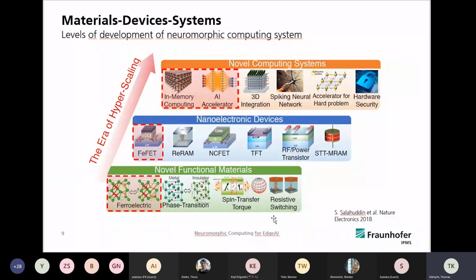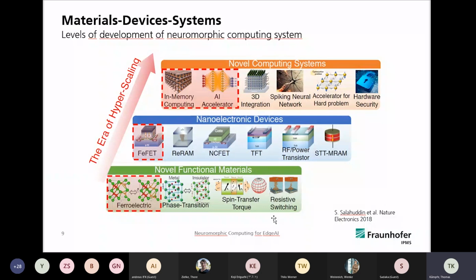On the device level, novel emerging devices are explored to feature more brain-like properties like STDP, multi-bit properties, or a specific retention behavior which is inherent to neurons.